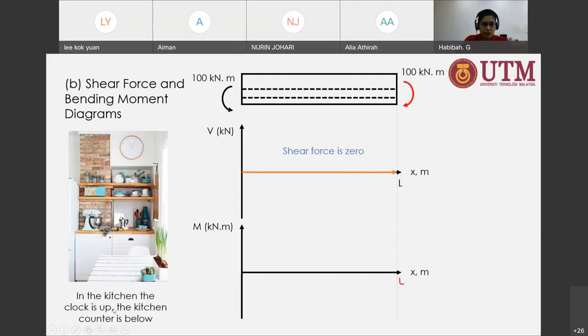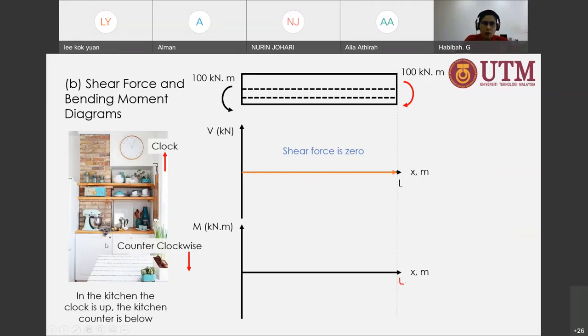In the kitchen, the clock is up. The kitchen counter is below. Okay, so here, as you can see in this very small kitchen, the clock is up, located at the top of the counter, and the kitchen counter is downward at the bottom.